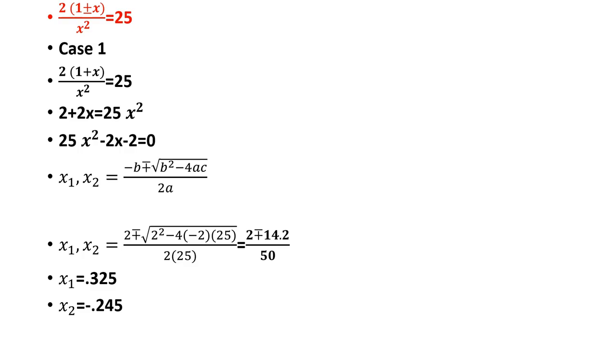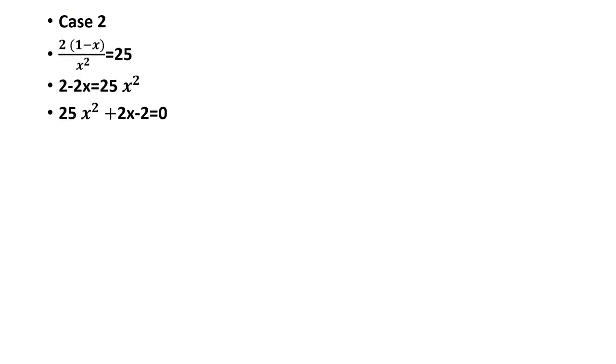If I plug in the values which I had, my x1 would be 0.325 and x2 would be minus 0.245. The second case which we have, we use the minus sign in here.